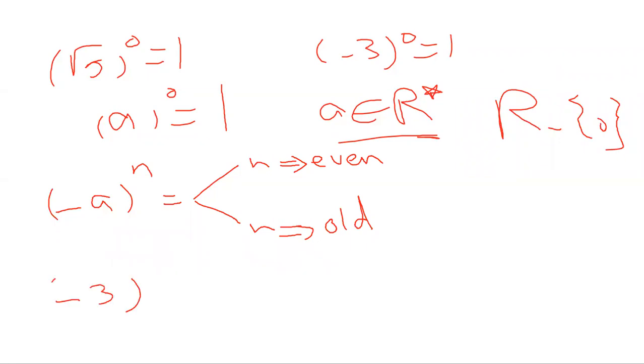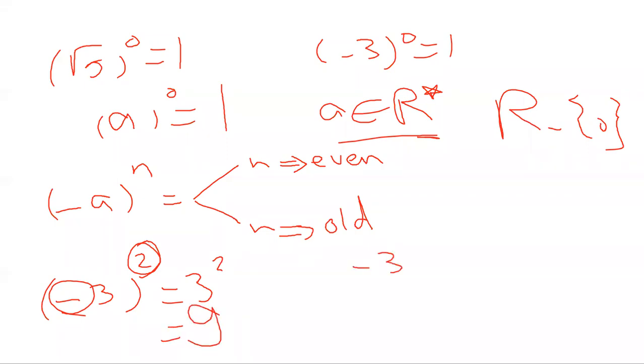Negative 3 power of 2 will be equal to 3 power of 2, because the even power removes the negative. That equals 9, not negative 9. But if it is negative 3 power an odd number, it will remain negative 3 power 3, which is 27, but in this case with negative, not positive.